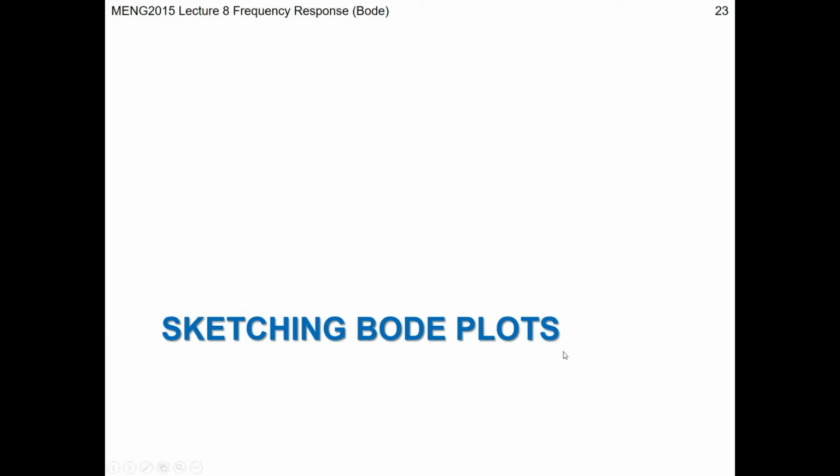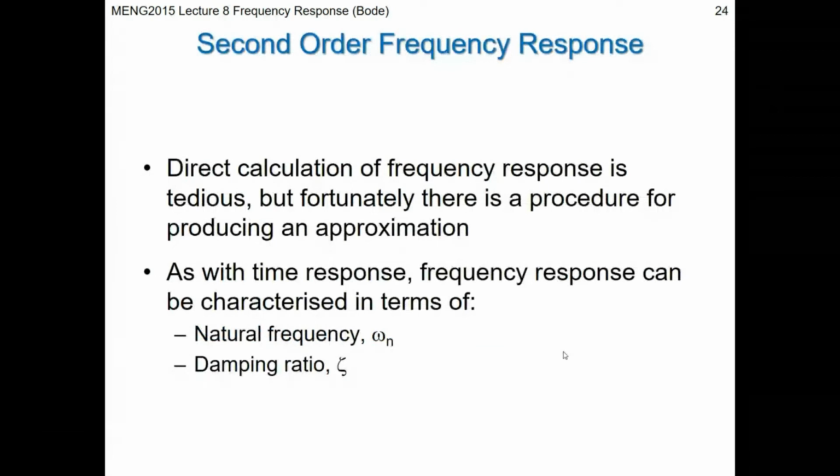Let's go through how we actually create a Bode plot. Direct calculation of frequency response is a bit tedious. There's a procedure for approximating it. So when I say the frequency response, remember we're talking about, for some transfer function G(s), we transform it to a function in terms of j omega, a transfer function expressed in frequency terms, where you've got j omega as your operator effectively.